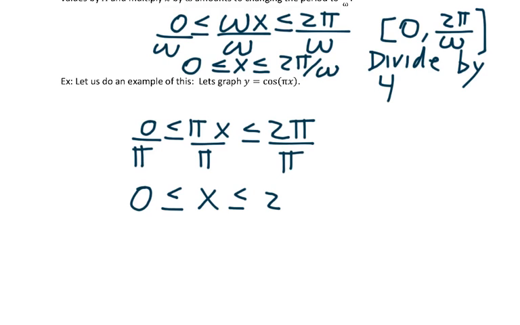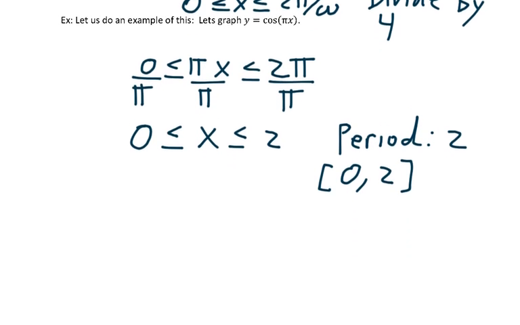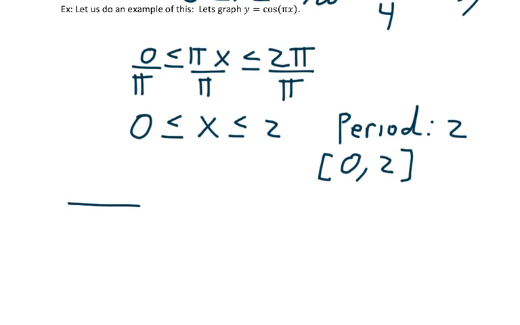So this tells us that the period of cosine of pi x, so the period here, is 2. And a cycle will be completed on the interval from 0 to 2. Now, if we wanted to graph it, we need certain x values, right? So basically what we're going to do is take the 2, divide it by 4.